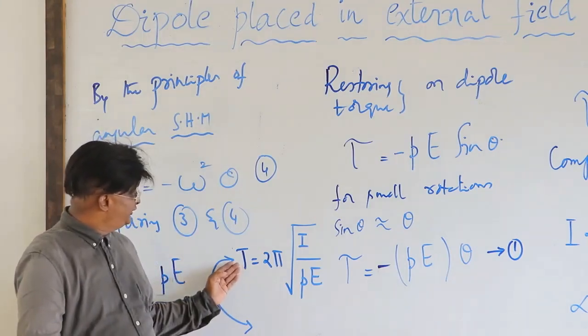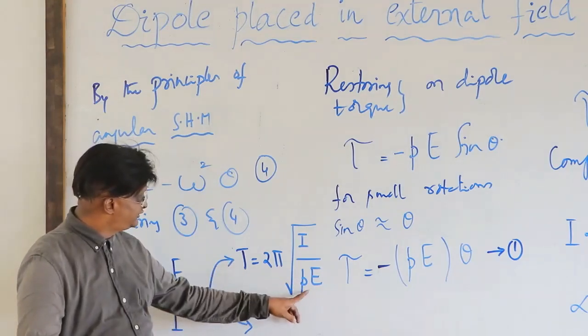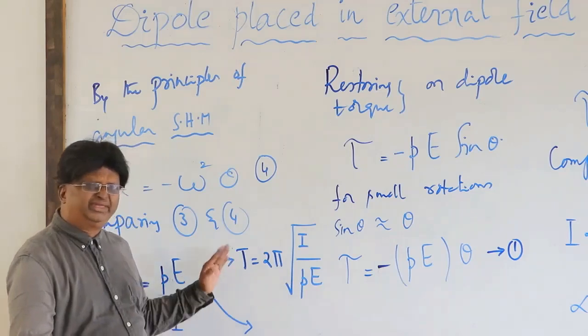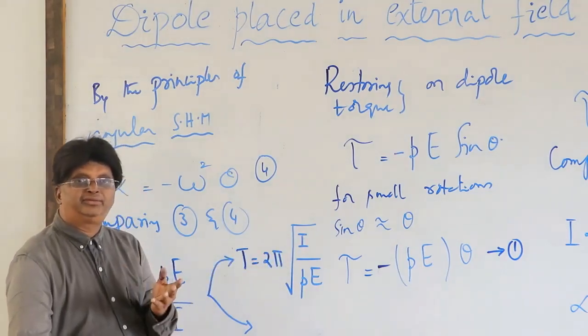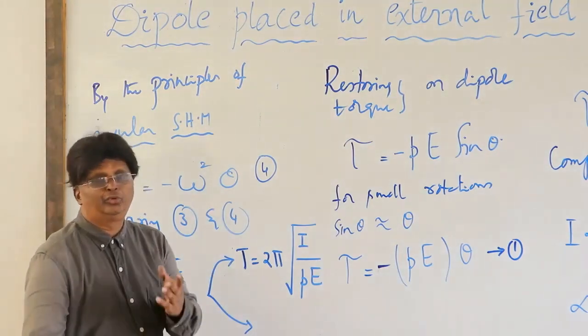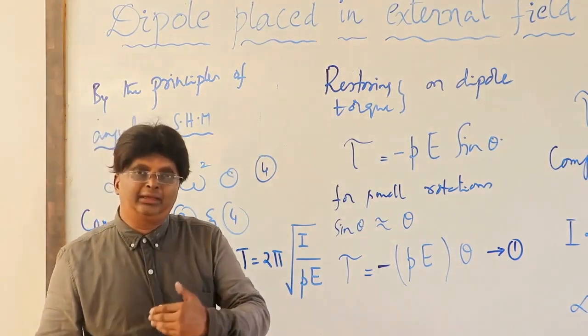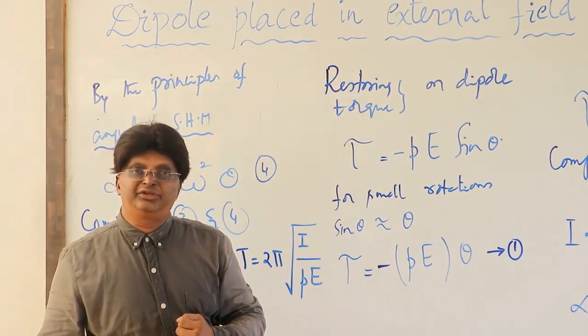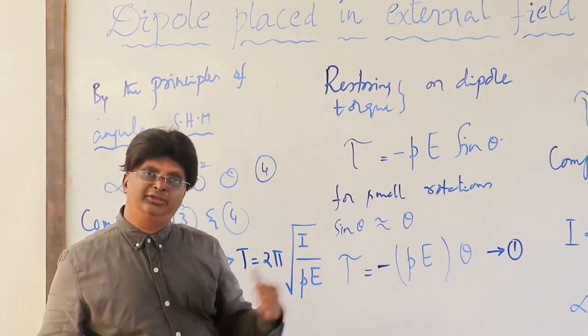Suppose I draw some graphs between time period versus field, time period versus dipole moment, time period versus moment of inertia, the dependencies, how to write ratios or how to draw the graphs, and what those graphs actually mean, what important factors they convey regarding this expression.